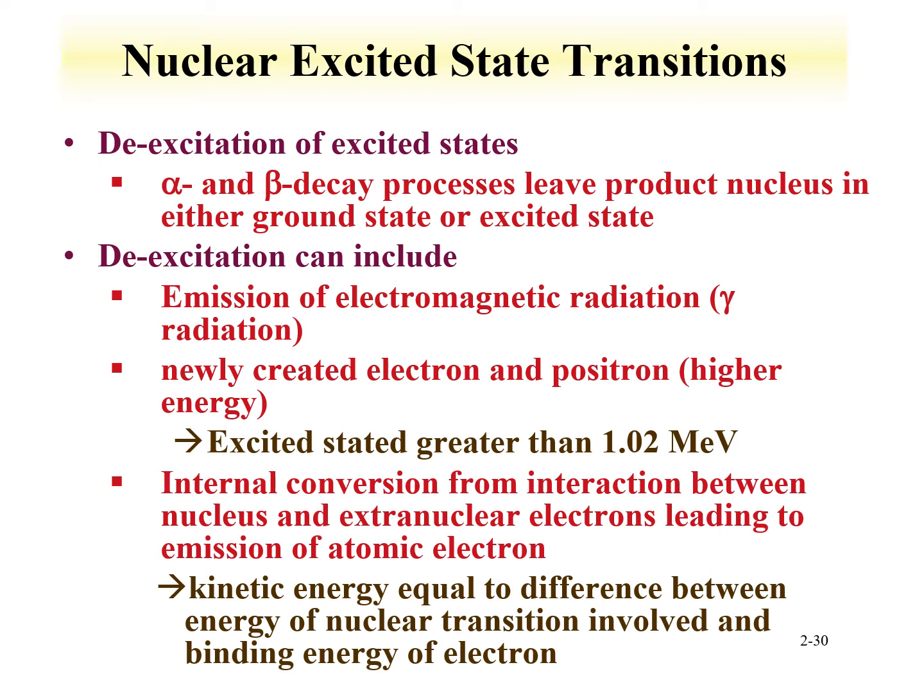So this is internal conversion electrons, where atomic electrons are emitted. The energy of their emission is based upon the difference between the nuclear excited state and the binding energy of the electron.